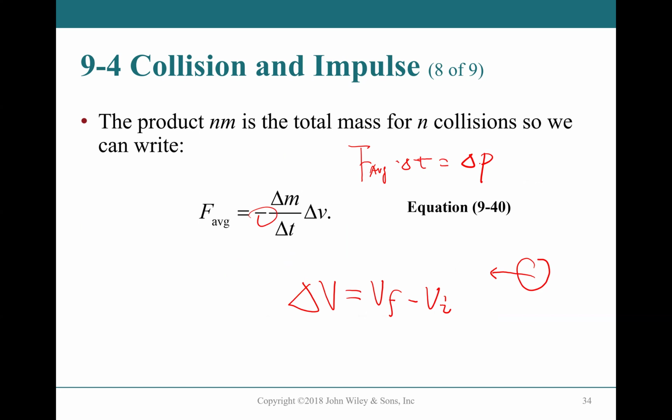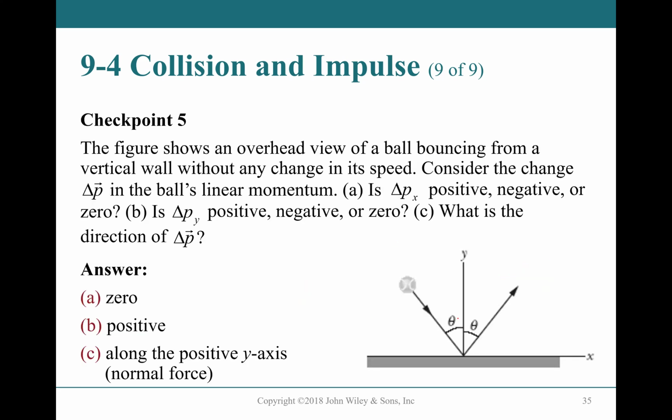I will double check on this. For now, I don't think we are going to use this anywhere, but I'll double check this with you guys and give you the right equation later. I don't think we need a negative sign here because of the definition of force, impulse and momentum, okay? But this delta v here will be final minus initial.